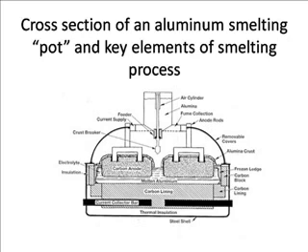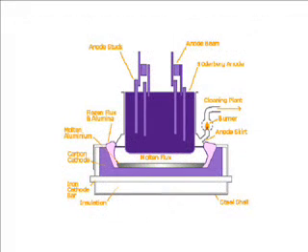This occurs within a large carbon or graphite lined steel container, which is known as a pot. An electric current is then passed through the electrolyte at very low voltage but a very high current, about 150,000 amperes.